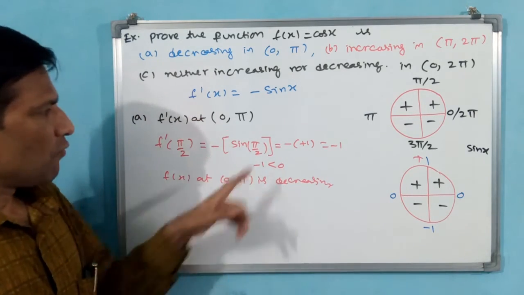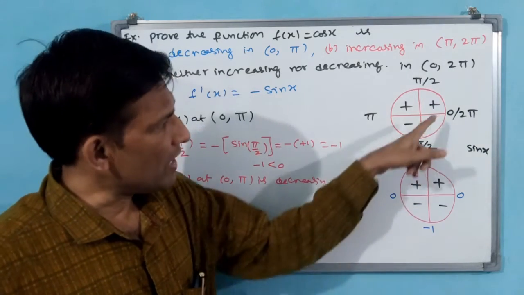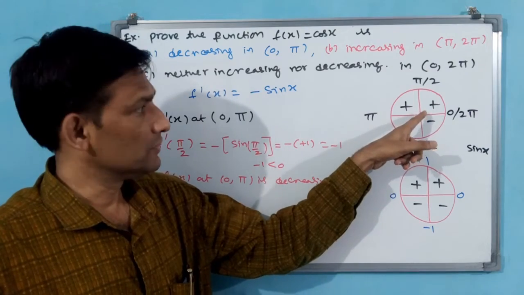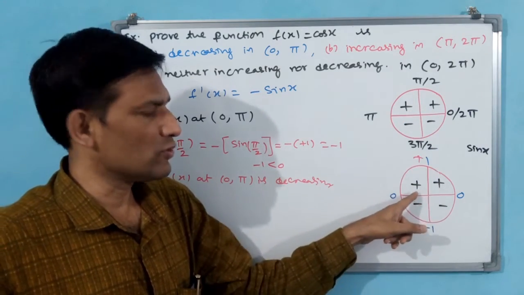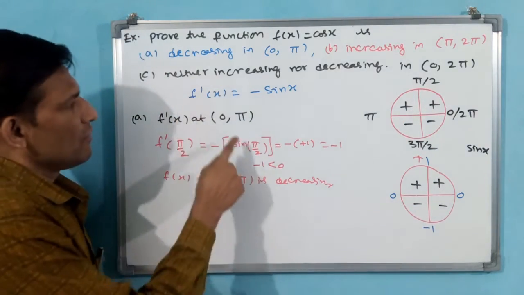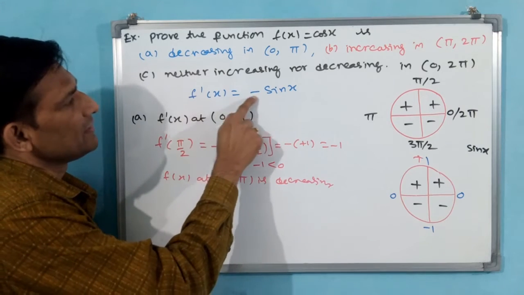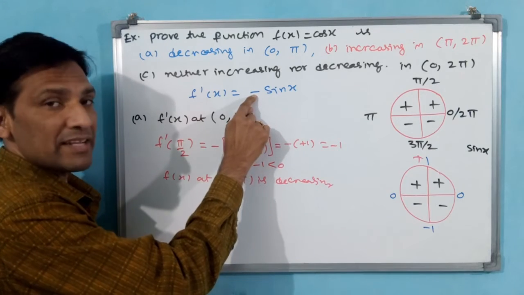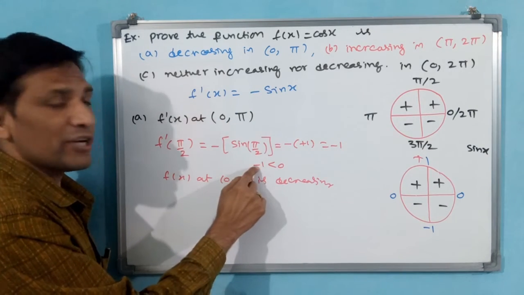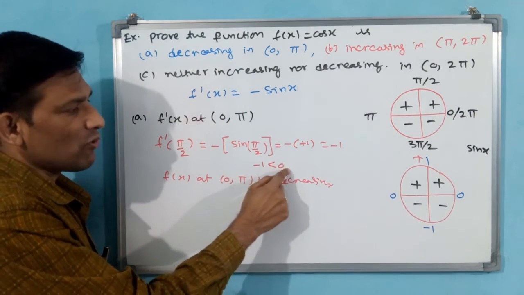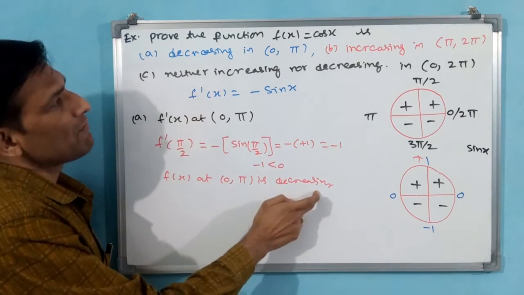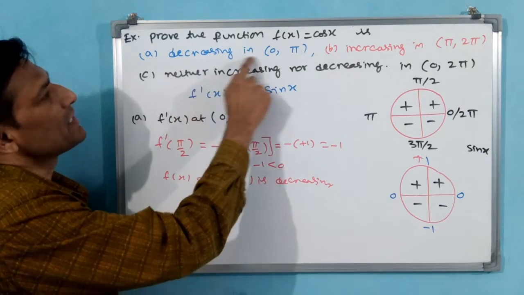Because I have taken only one value, but whatever value you may take, all positive values will come. But before that the minus symbol is there. Here positive value you will get, but that minus symbol is going to make it negative. That means always these values are going to be less than 0. That is why from 0 to pi the function is decreasing.